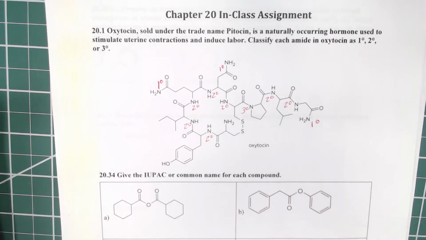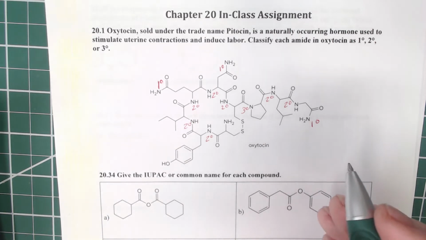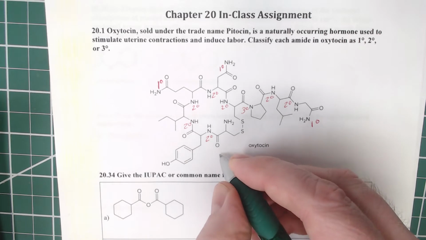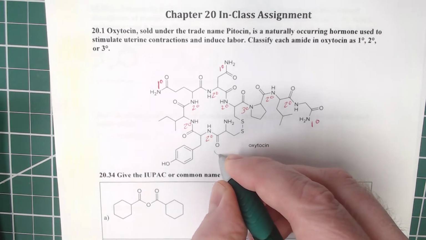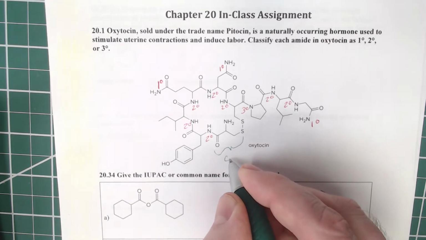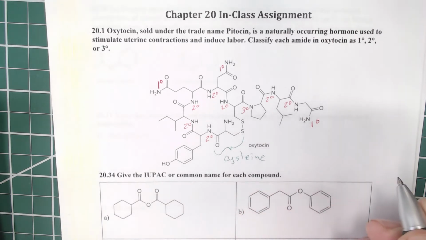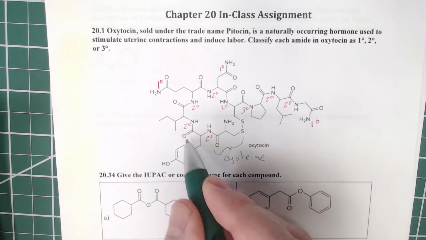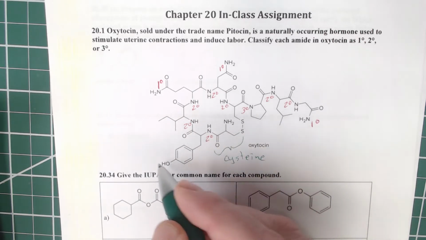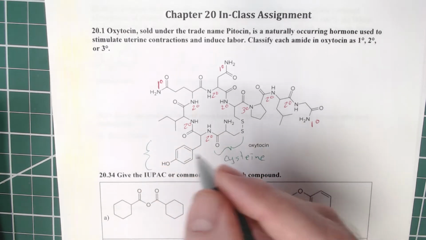In case you're curious, what are the amino acids that are present here? We're going to start here and work our way around. This one, right here, that one is cysteine. And then if we look at this one, which is going to include this nitrogen to that carbonyl, that one is tyrosine.